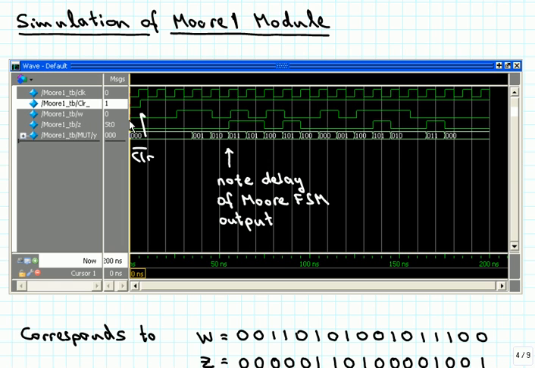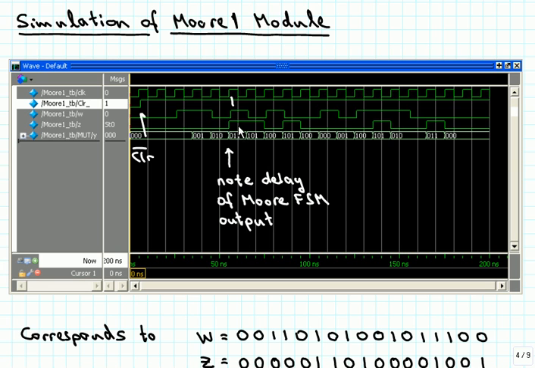So the W starts out with zeros first, and then there are 2 1s here. Then there's a 0, a 1, a 0, 1, 0, 0, 1, 0, and then a triple 1 here, and 2 more zeros. So we can see that after the pattern 1, 1, 0, which ends here, we get to see a 1 here in the C output.